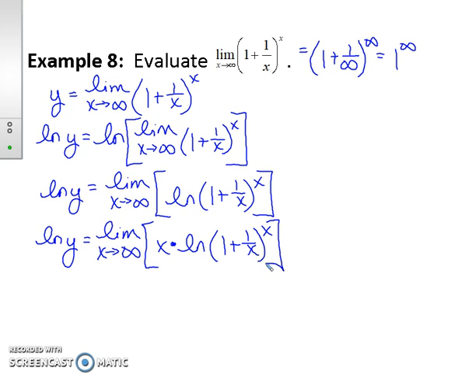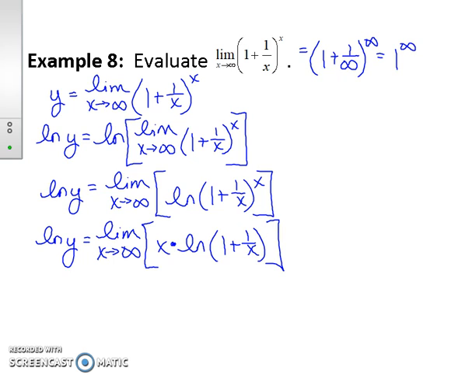And then I can't use L'Hopital's rule on this until it is a fraction that I'm looking at. So what I want to do is I want to turn x times natural log of 1 plus 1 over x into a fraction.